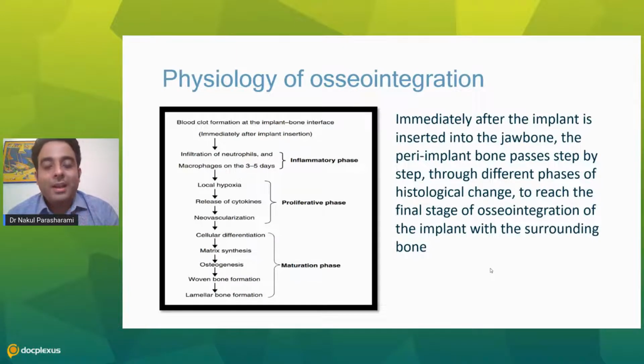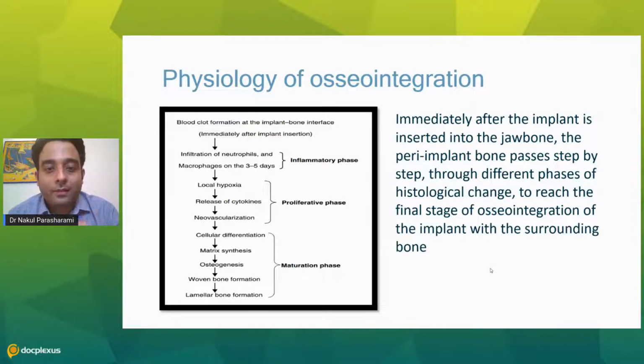So, briefly, I will explain the physiology of osseointegration. Once the drilling of the bone is done and the implant is placed, there is infiltration of neutrophils and macrophages in the next 3 to 5 days. It is called the inflammatory phase. After the inflammatory phase, there is release of cytokines and neovascularization that takes place in the proliferative phase.